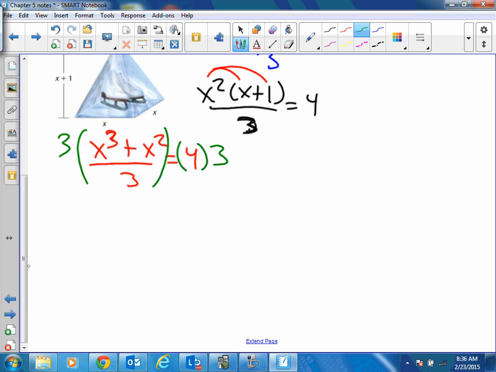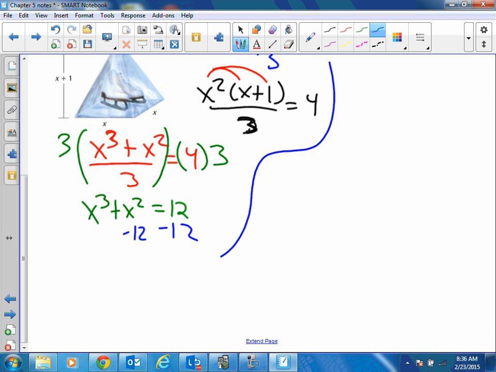And I would get x cubed plus x squared equals 12. Well, I'm trying to find 0, so I need to set it equal to 0 and solve. So I'm going to subtract 12 from both sides, and I will get x cubed plus x squared minus 12 equals 0.